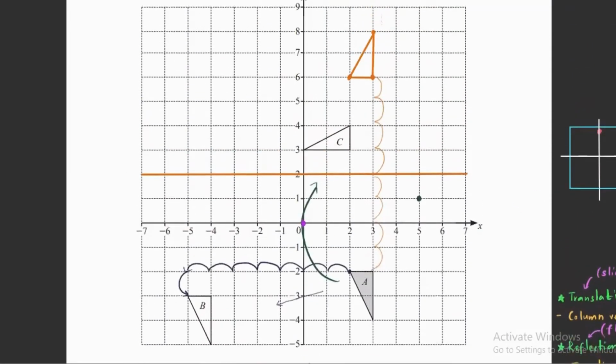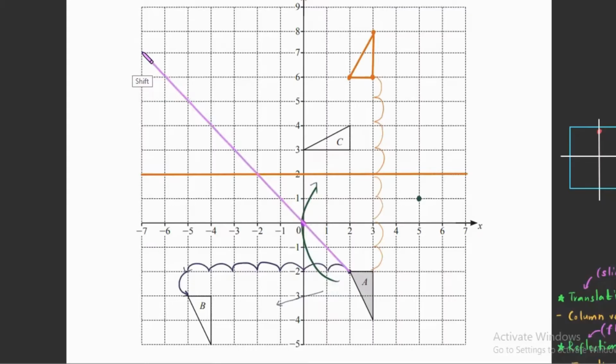So the first step is to draw straight lines that pass through this center of enlargement and the vertices of this triangle. So first I'm going to draw a straight line that goes through the shape like this.